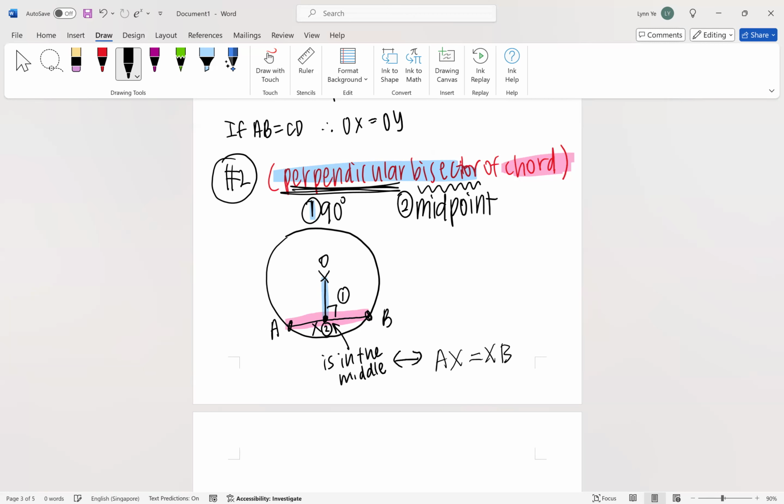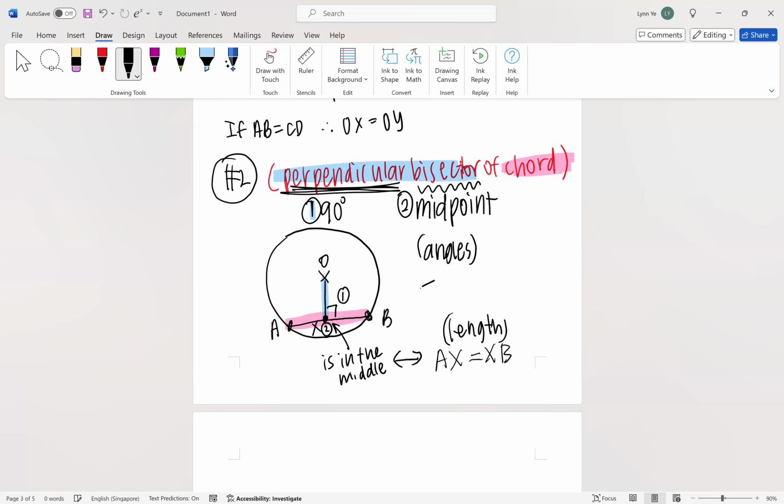And what else can I say that can also be used for angles property? So this is length, right? But what about angles property? What can I say for angles?